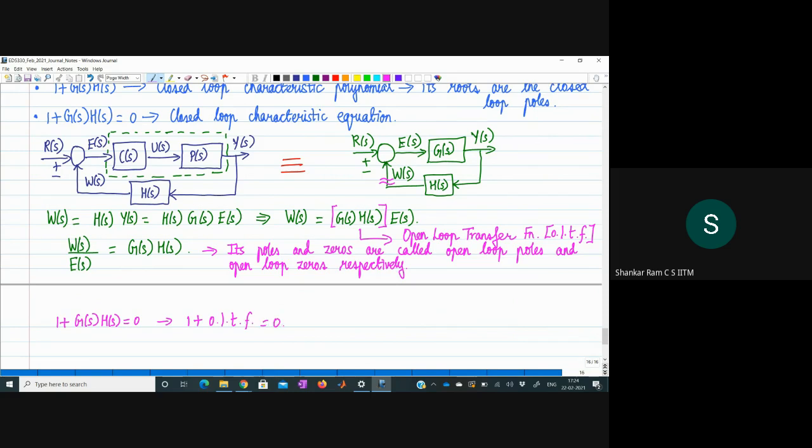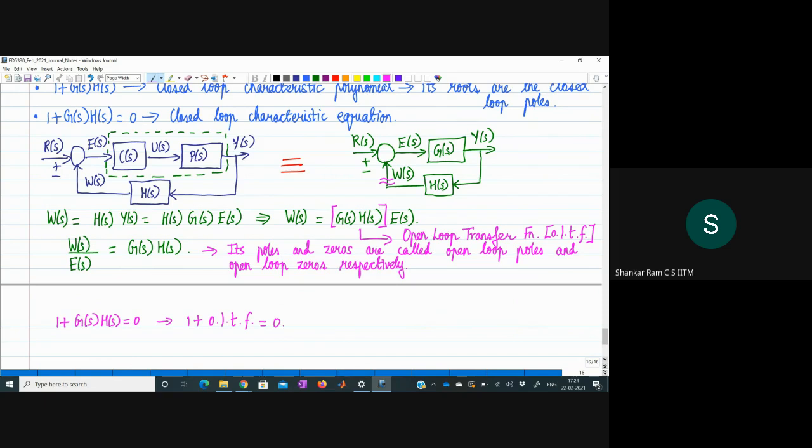We will start utilizing this connection as we go along. So please note this connection: there is a link between this open loop transfer function and the closed loop characteristic polynomial, or the closed loop characteristic equation.